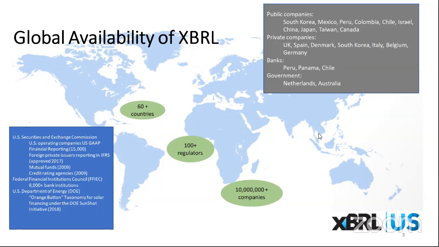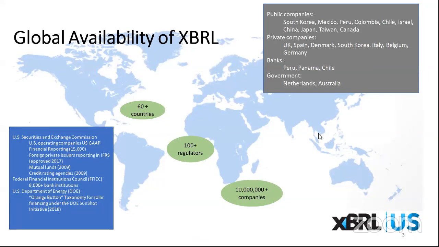In the United States, the US Securities and Exchange Commission has been collecting XBRL data since about 2008, or 2005 if you go back to a volunteer program that preceded the requirement to file publicly. In addition to operating companies, mutual funds and credit rating agencies also publish data in XBRL format and submit it to the SEC.